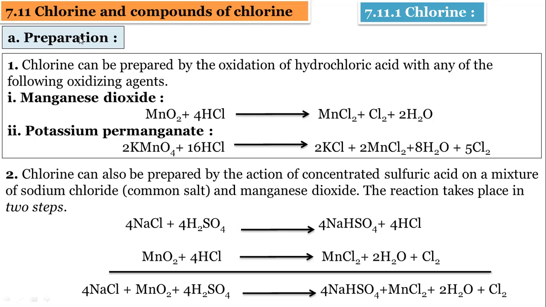In the laboratory, how is chlorine prepared? By using manganese dioxide and potassium permanganate. This is prepared by the oxidation of hydrochloric acid: manganese dioxide plus hydrochloric acid gives MnCl2 plus Cl2 plus 2H2O. So these two methods are used for the preparation of chlorine in the laboratory, by using manganese dioxide and by using potassium permanganate.